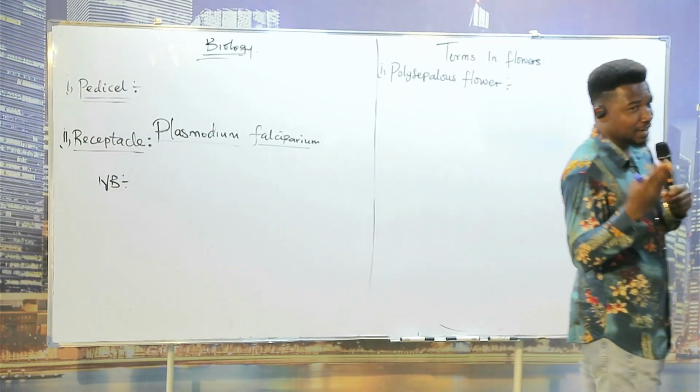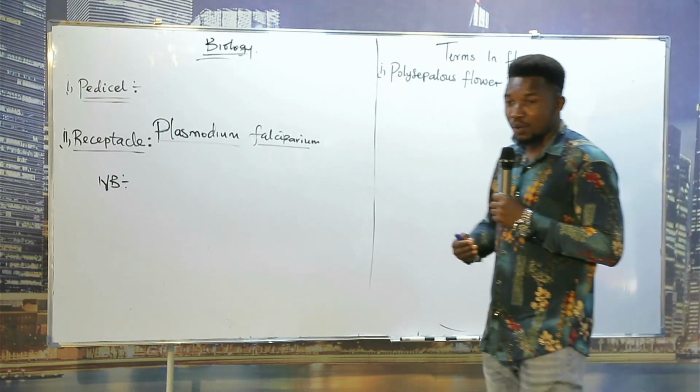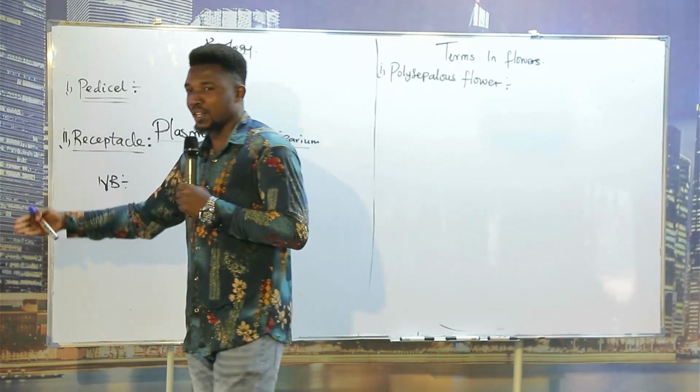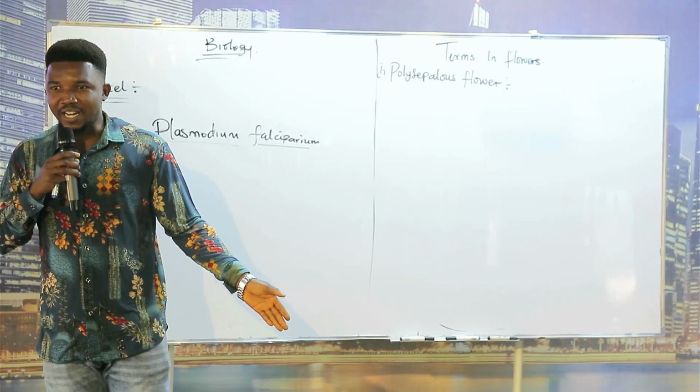Just like I was explaining photosynthesis last time, I told you we have photo, which is associated with light, and synthesis, which is to make something. That means we are making something under the light.